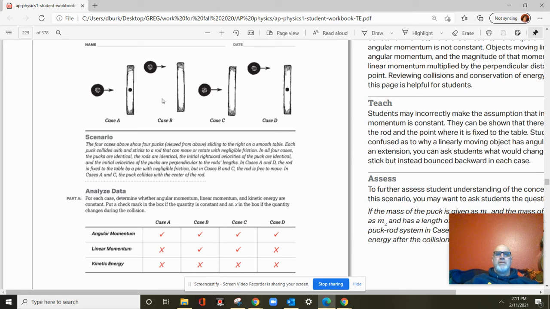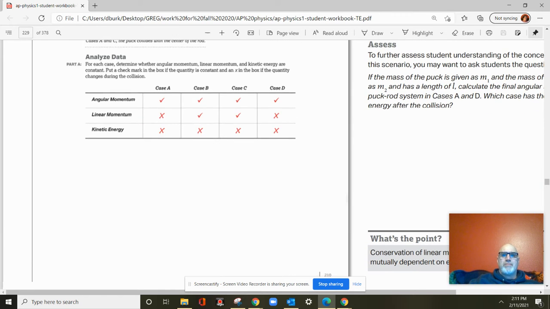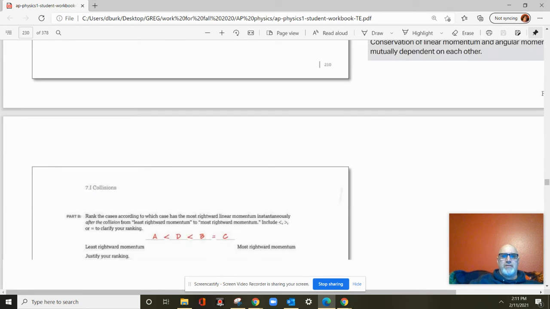And then after the collision, some of that momentum is going to be angular momentum. And so that's what's happening. And the kinetic energy in every case changes because we're going to be changing the velocities. I don't know. That wasn't very good.